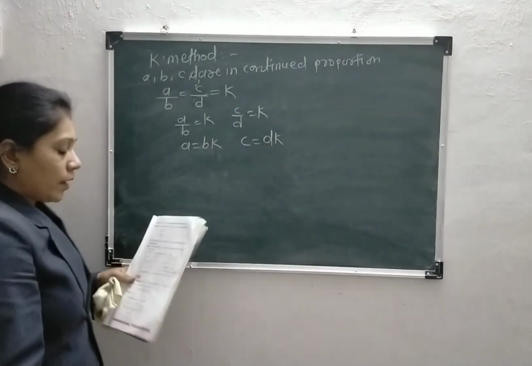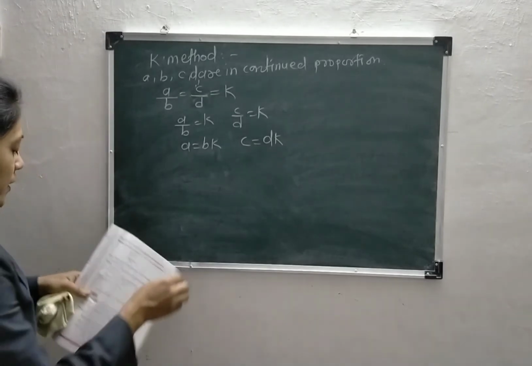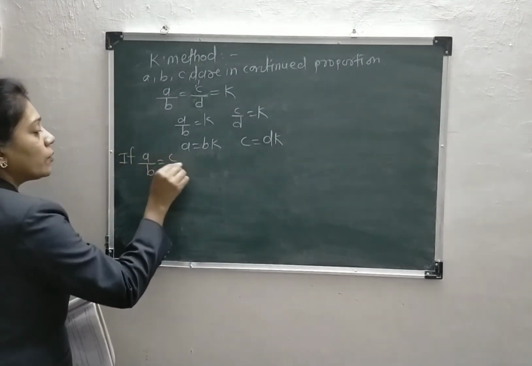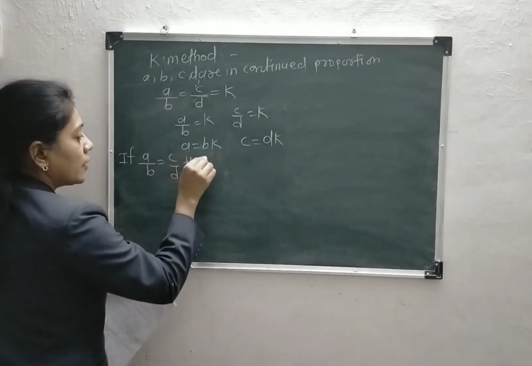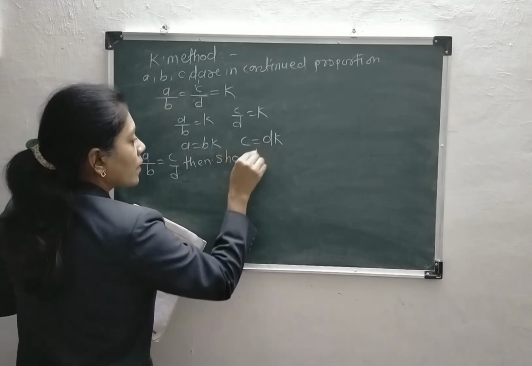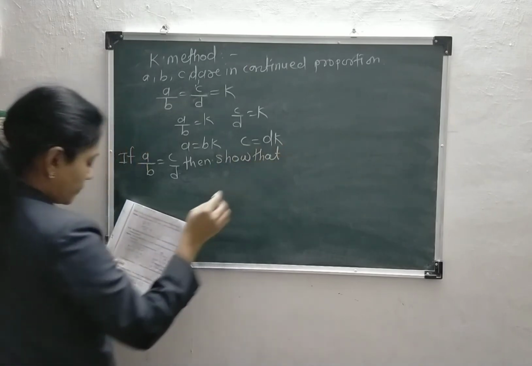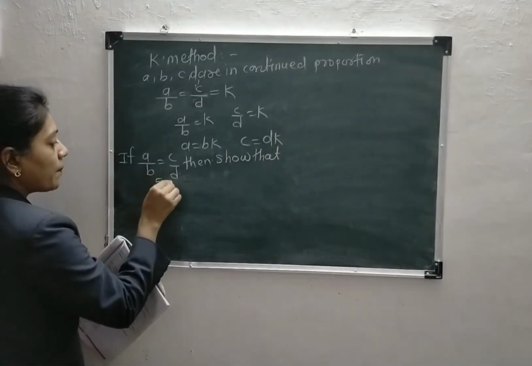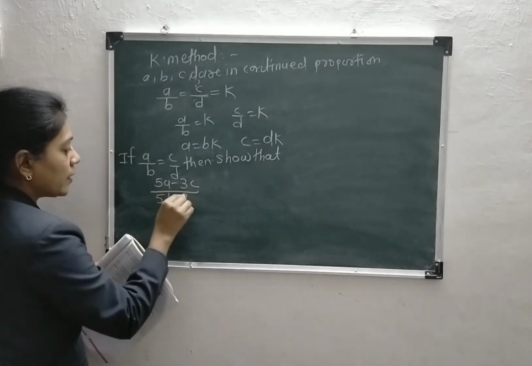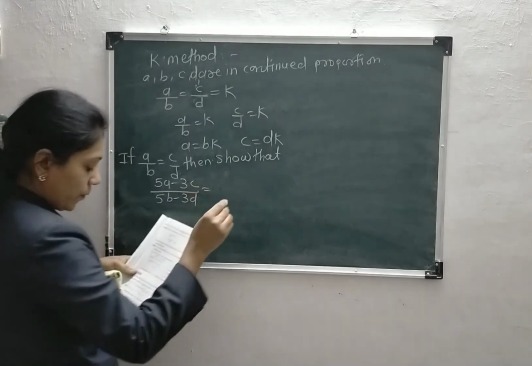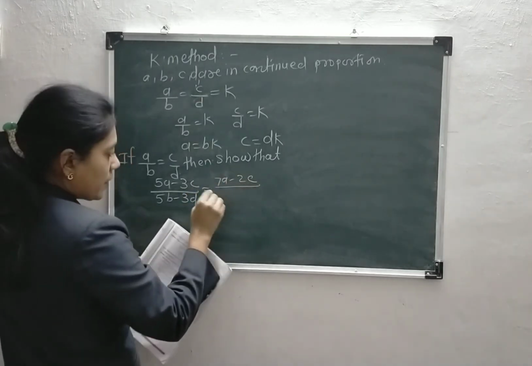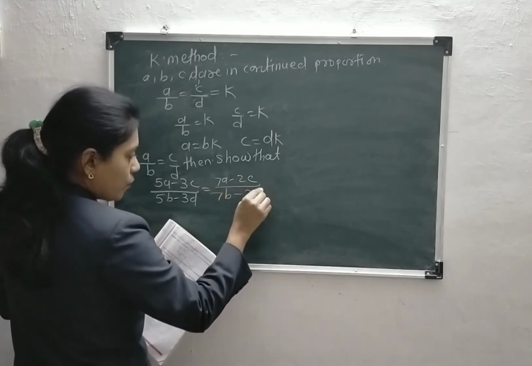Okay, then let's see one example. If A upon B is equal to C upon D, then show that (5A minus 3C) upon (5B minus 3D) is equal to (7A minus 2C) upon (7B minus 2D).